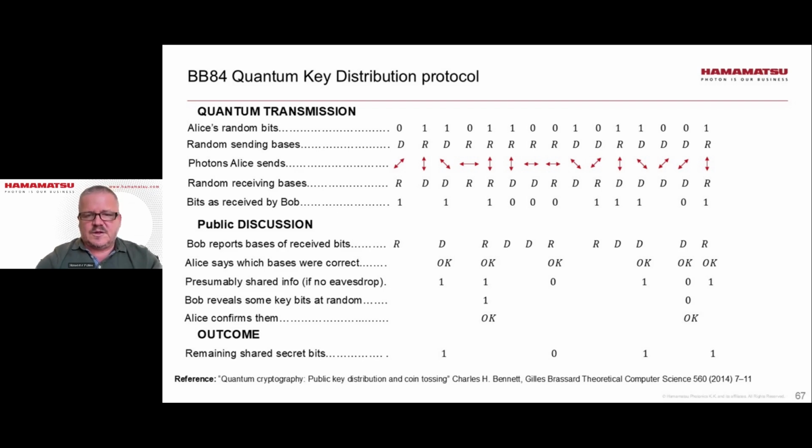So this offers a way of transmitting information in such a way that we can have complete privacy. In other words, if you detect that there was eavesdropping, you simply scrap the transmission and try over again.